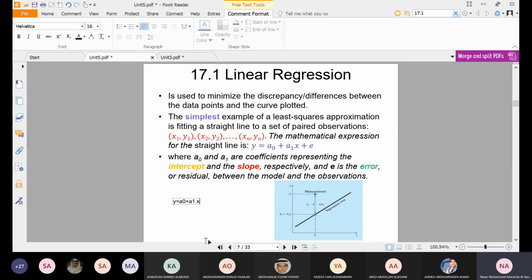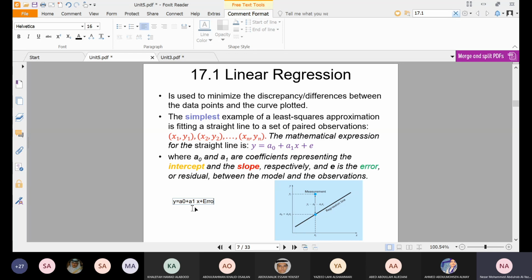So this is the line equation that we have. We might use a linear equation to describe the relation between the coefficients and the data that we have, the x's, the unknowns, and the outputs. But because this data is usually affected by disturbance or noise, we need to have another term, which we call the error.